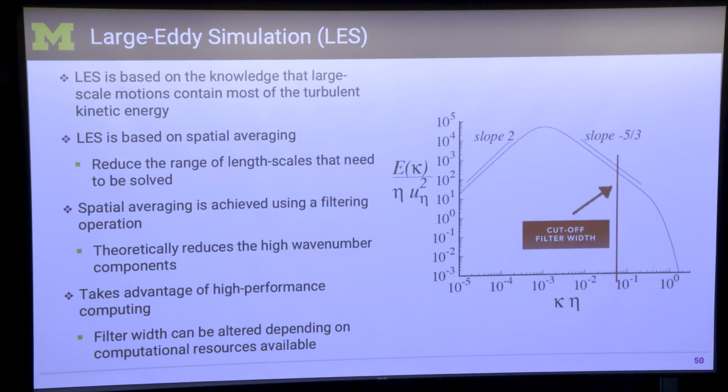So you don't need to simulate all the scales. You simulate only a set of scales that you care about, and the rest of it you model away, especially when they are at the small scales. So it artificially introduces this cutoff, and you cut off the spectrum there, and you say, whatever happens below this, I'm going to absorb all of that into a model, and that's my turbulence model.